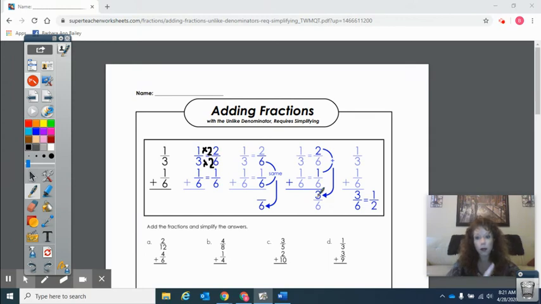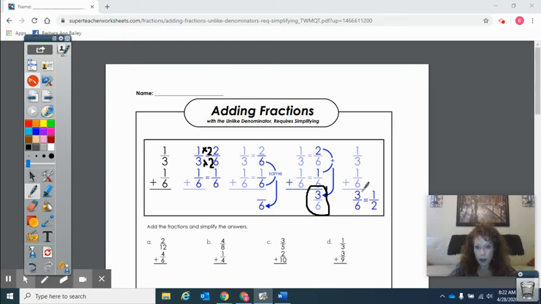But notice there's one more step, so they didn't stop there. 3/6 is not in simplest form. So if you were ever making a recipe or anything like that and you're trying to measure something, you'll never see a recipe that says 3/6 of a cup because that's not in simplest form. So we know that there is a common factor, a factor being a number that can divide into 3, that can also divide into 6.